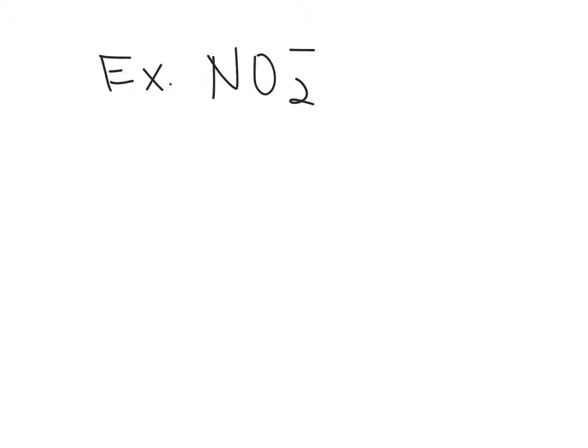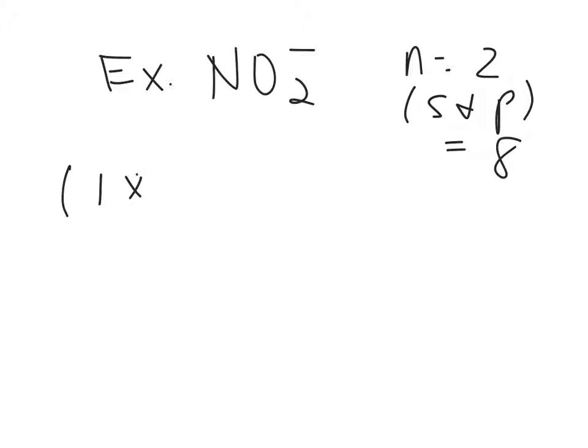So let's try NO2 minus as our next example. If you look at the periodic table, nitrogen and oxygen both have a valence shell of n equals 2. Since n equals 2 has s and p subshells, we need a total of 8 valence electrons to fill their shells. So let's add up what we've got so far. We've got 1 nitrogen atom times 5 valence electrons.